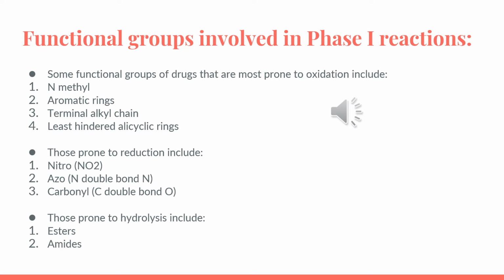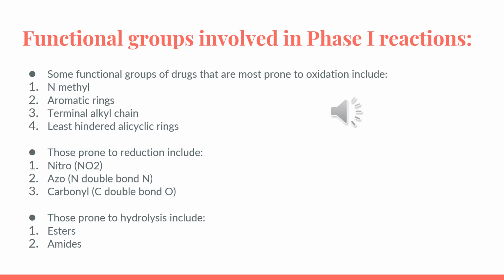Also, the aromatic rings are likely to undergo oxidation reaction because they are very functional, as well as the terminal alkyl chain, whereby because of their terminal property, the attachment of this terminal chain to the cytochrome is feasible and can be done easily.